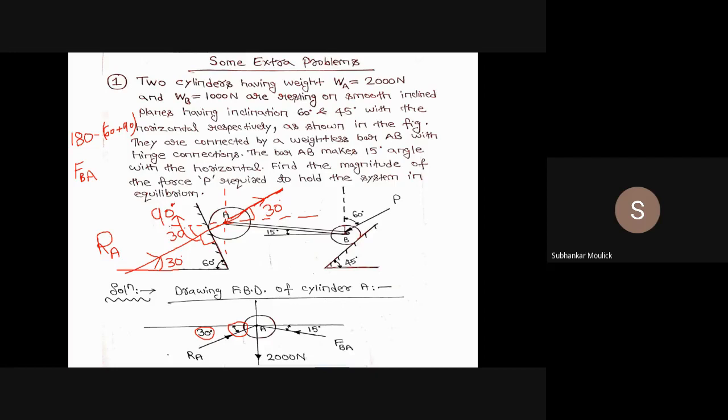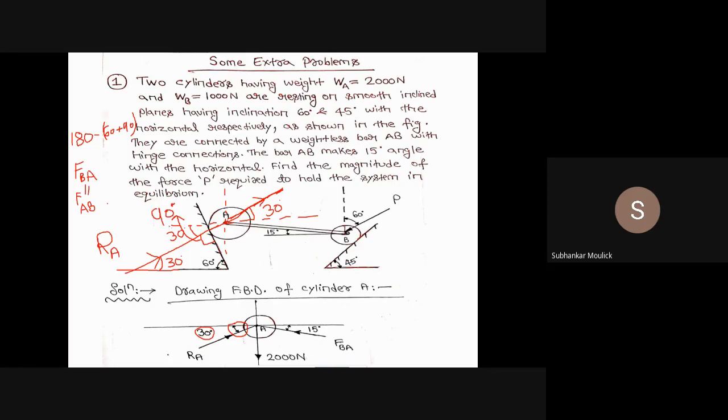So when we will consider the free body diagram of cylinder B, I will write that force by FAB, and when I am considering the free body diagram for cylinder A, I will write that force by FBA, and FBA is equal to FAB.